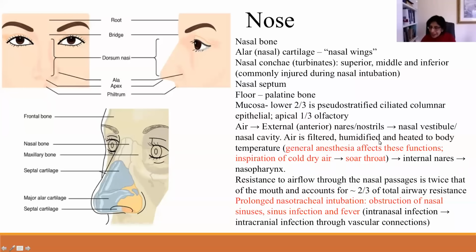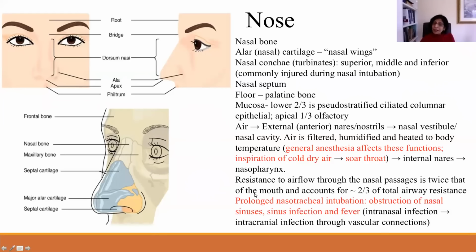There is the dryness, okay, and inspiration of cold, dry air may make you develop a sore throat soon after a major surgery. Okay, so now air goes through the internal nares into the nasopharynx. These names are familiar to you now. We have seen it in the previous slide and are looking at it again now.